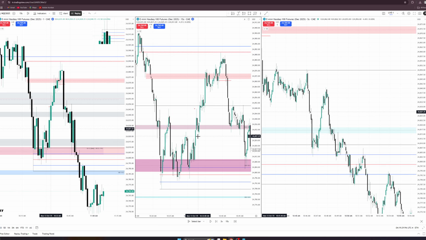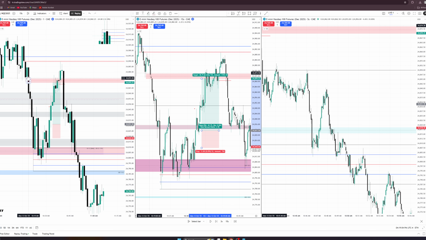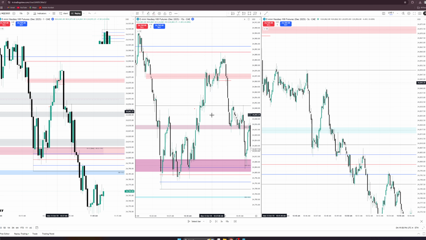You could have entered long here, and you could have exited your trade inside this bearish fair value gap. So from here to here you could have taken a trade in this bullish fair value gap, and your stop loss would be below this candle, and your take profit will be inside this imbalance, this bearish fair value gap.